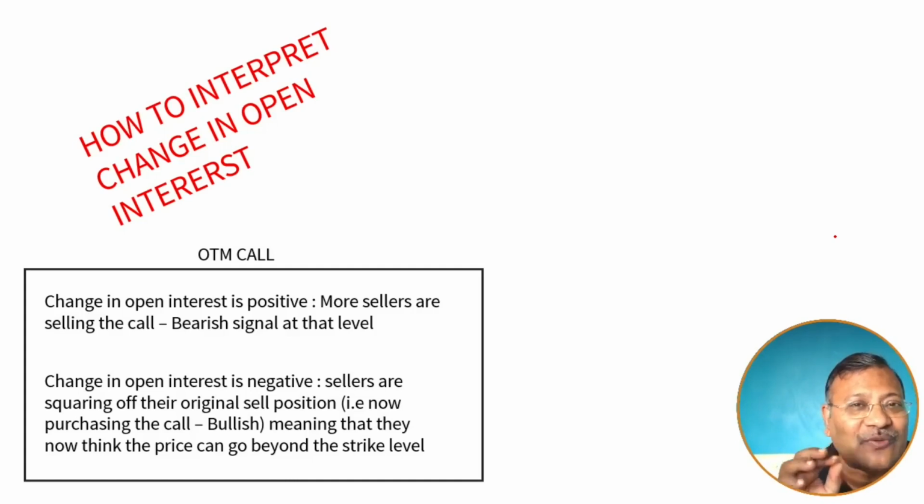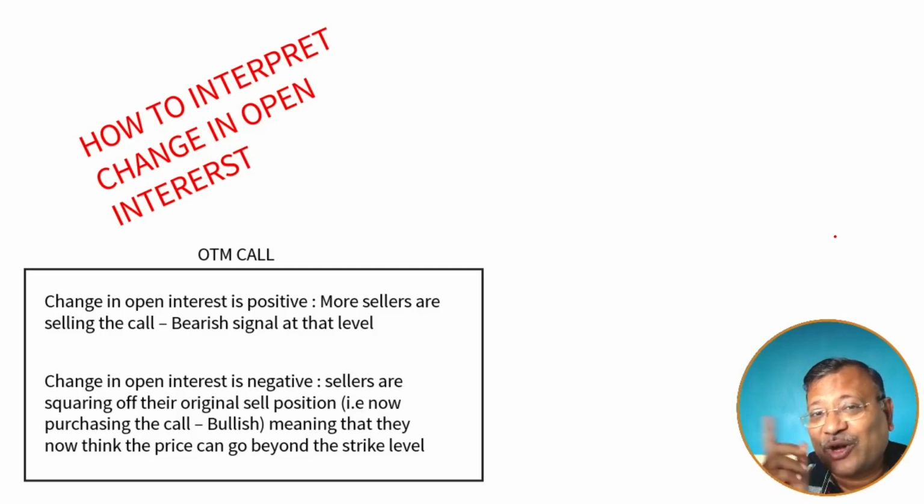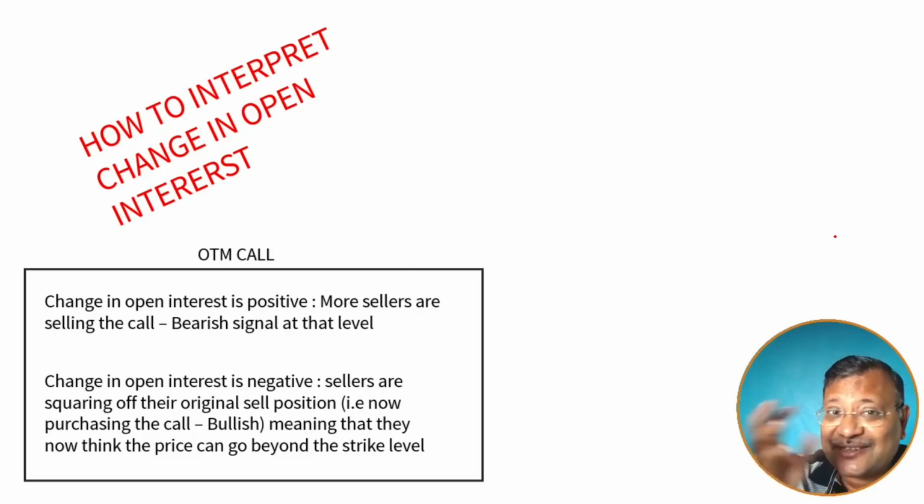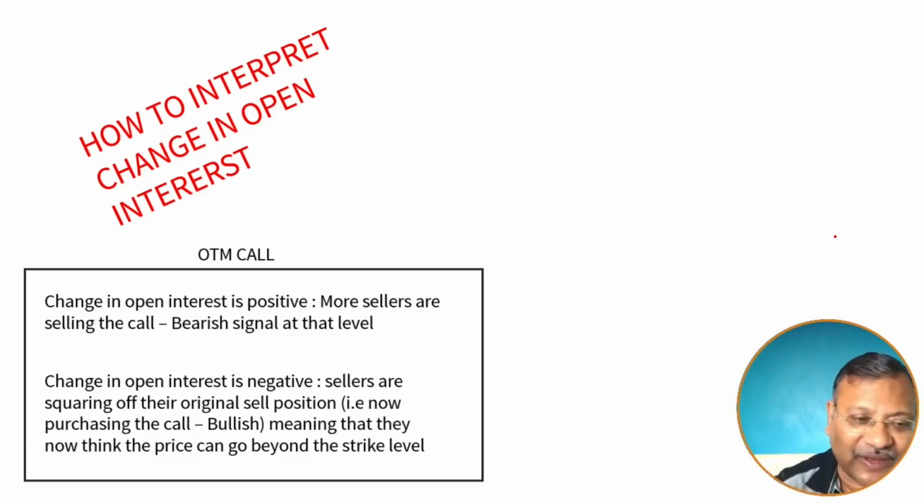Please try to understand what I'm saying. If the change in open interest is positive, there are more people coming in at that level. More people coming in is fine, but what I'm more concerned about is that there are more sellers coming in and selling at that price. That indicates that at that price point there could be a bearish turn, which means that is the resistance level.